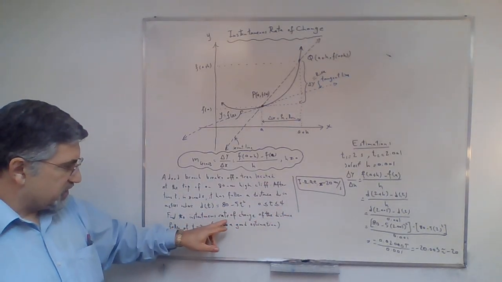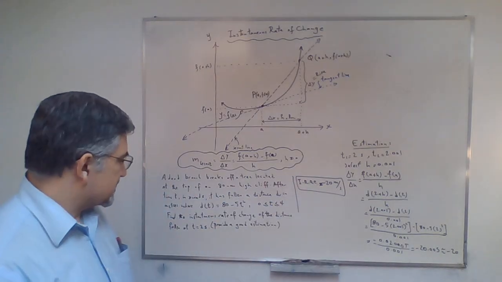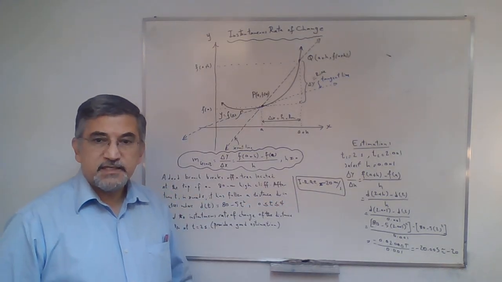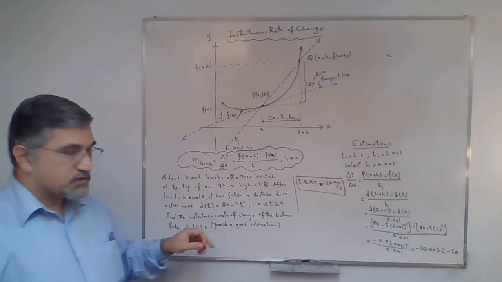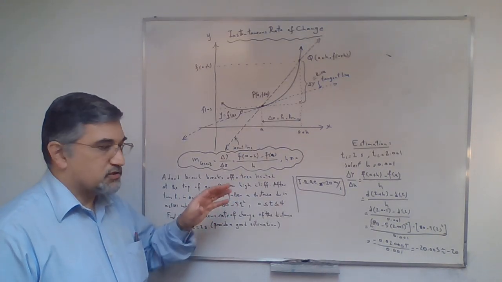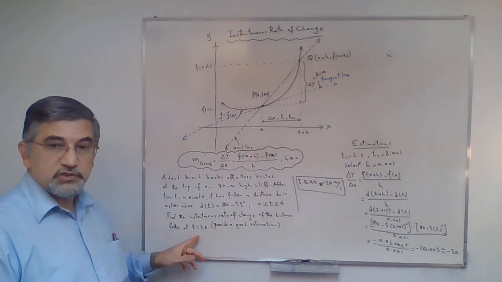Find the instantaneous rate of change of the distance fallen at t equals 2 seconds. Well, that's going to be negative 20 meters per second. That's the speed with which this dead branch was falling, of course not at the very beginning, but after 2 seconds.